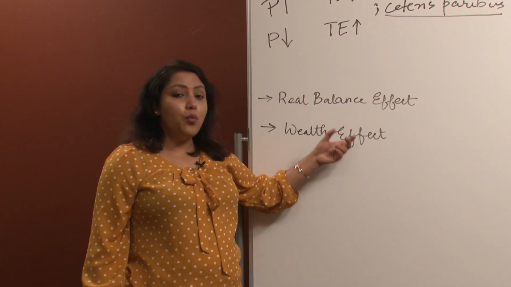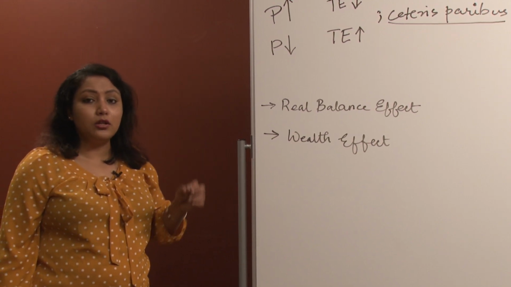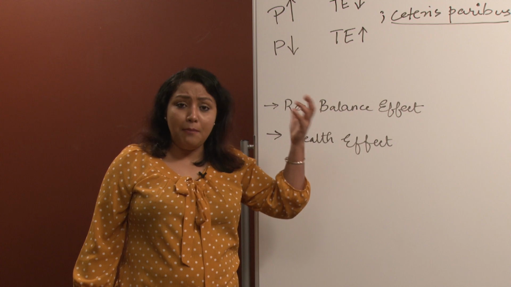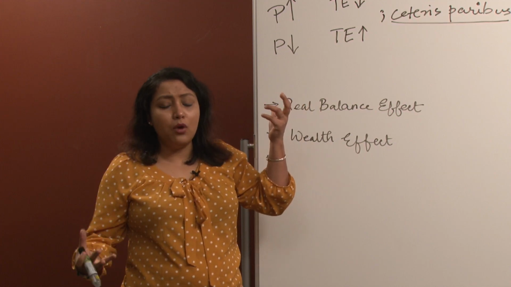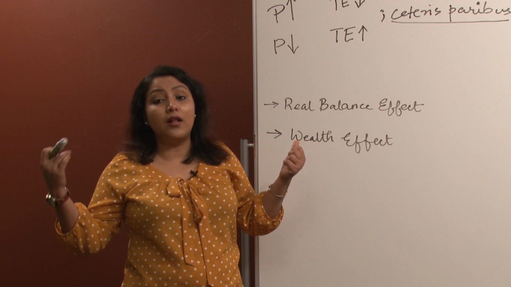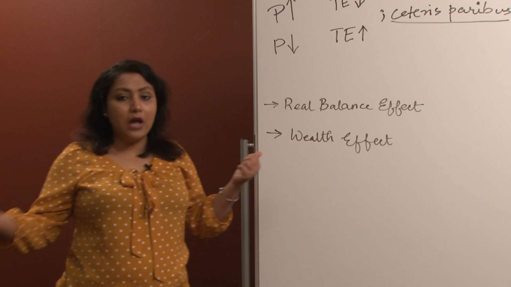Okay. So, it is the wealth effect that really affects the total expenditure and hence the real GDP, because as prices go up, the value of the assets go down, and hence the total volume of goods and services that are transacted in the economy go down. Okay.